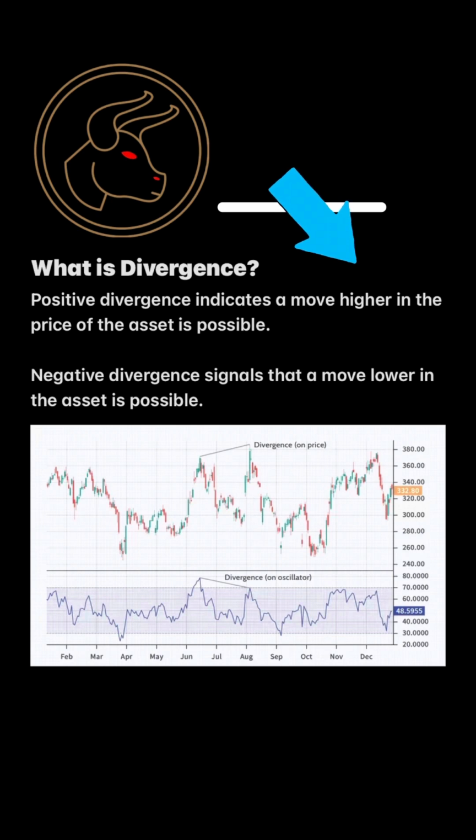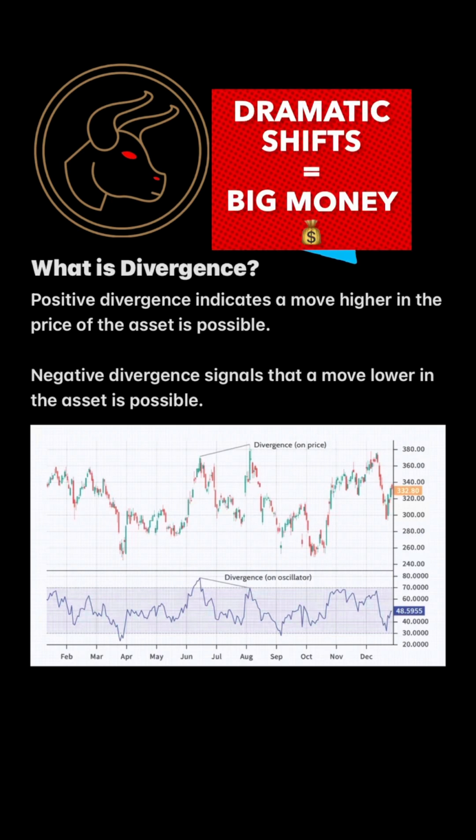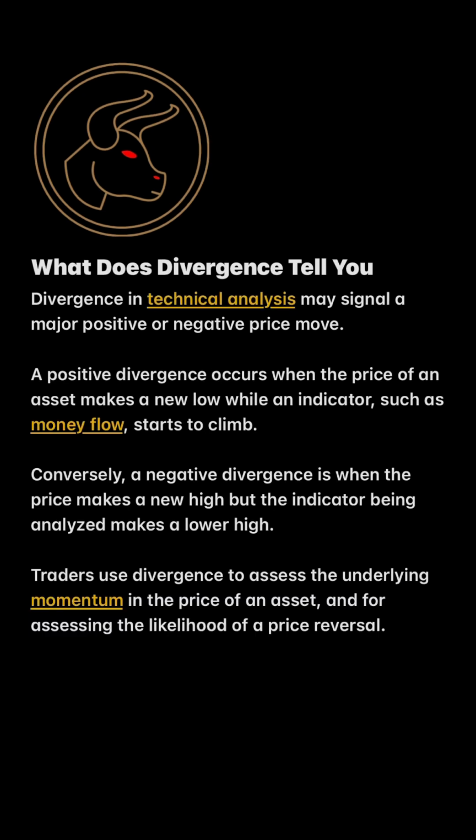And this is what gives us dramatic shifts that can be extremely profitable for us. So what does divergence tell us? Well, divergence in technical analysis may signal that a major positive or negative move is upon us.